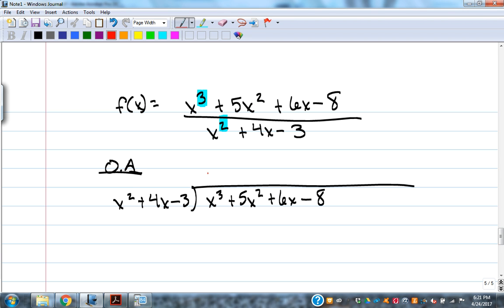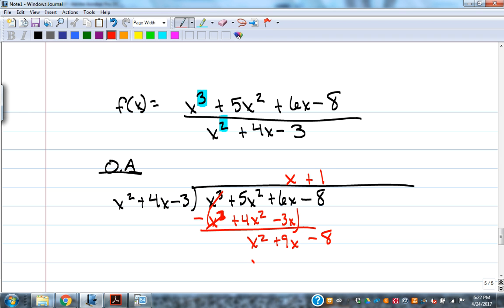So what times x squared gets me x cubed? That'd be x. Subtract x cubed. Those cancel. That's x squared, and then that would be 9x minus 8. So then what times x squared gets me x squared?